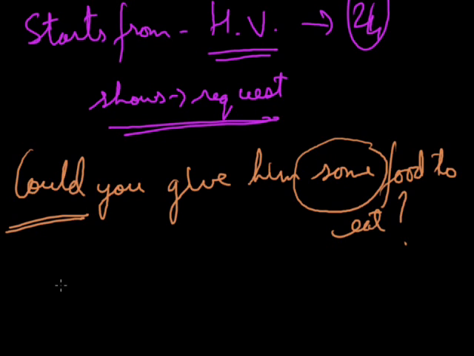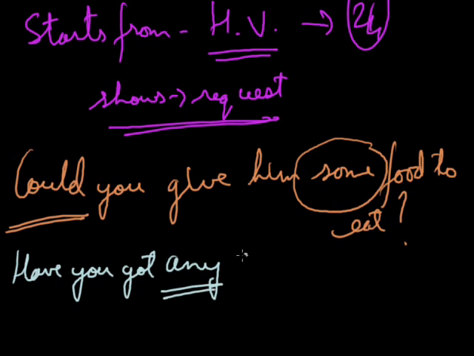And suppose the sentence starts from a helping verb and it does not show any request, in that case we will use any. For example, have you got any common sense?